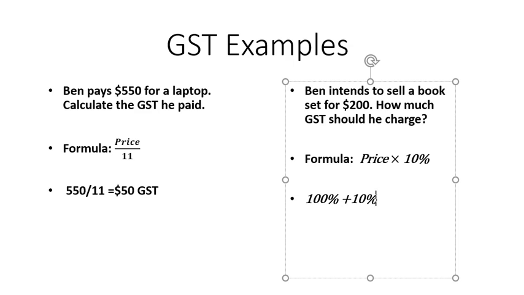So the way we do that would be to simply take the price, multiply it by 10%, which would mean it'd be $20 GST that would need to be charged. That would take, obviously, the total price to $220. So again, that's relatively straightforward.